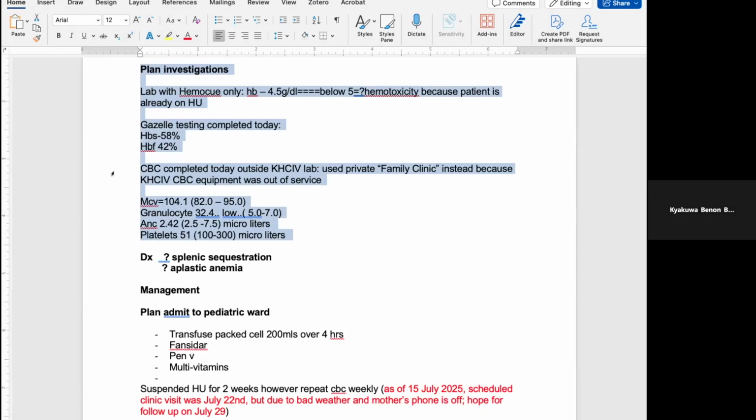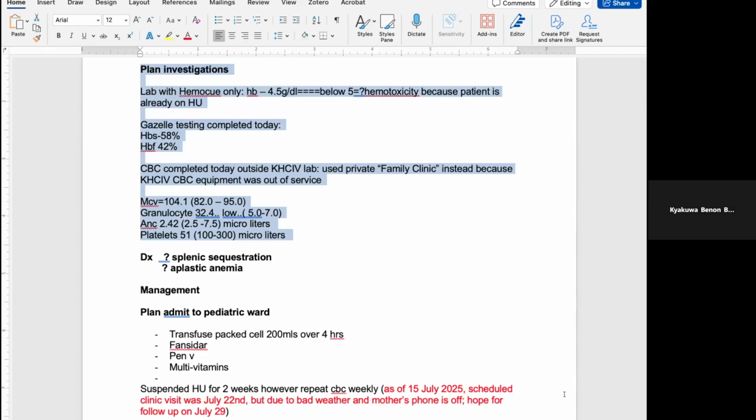I will also use a guideline from Mulago National Referral Hospital and the 2020 Sickle Cell Guideline, where we define hematological toxicity as follows: when the HB is below 5 grams per deciliter, or below 6 grams per deciliter and the reticulocyte count is less than 100 exponent 9 per liter, or the absolute neutrophil count is less than 1.5 exponent 9 per liter, or the platelet count is less than 80 exponent 9 per liter.